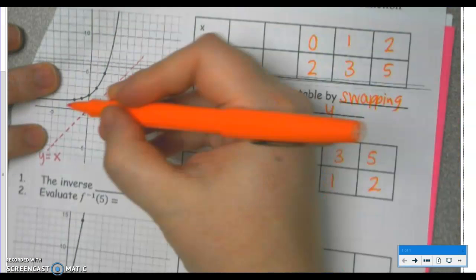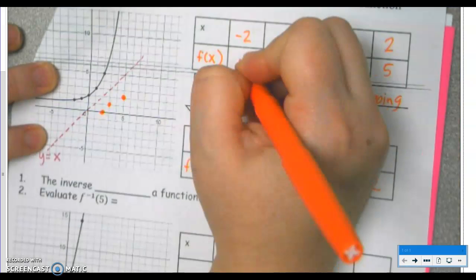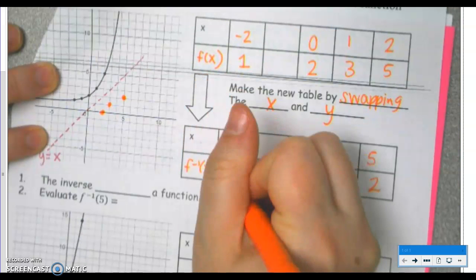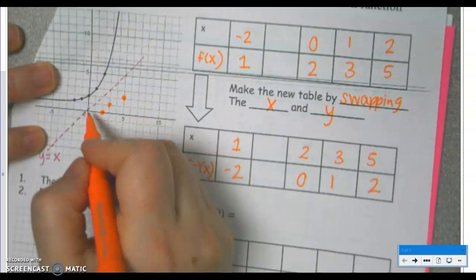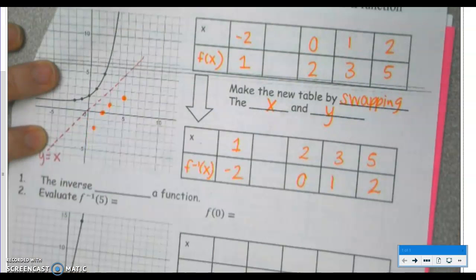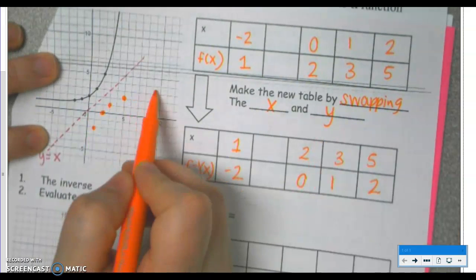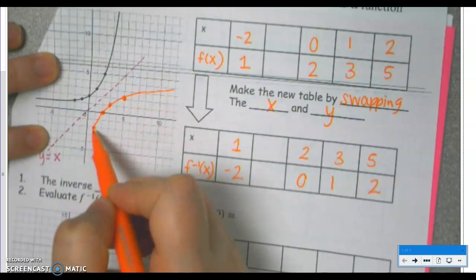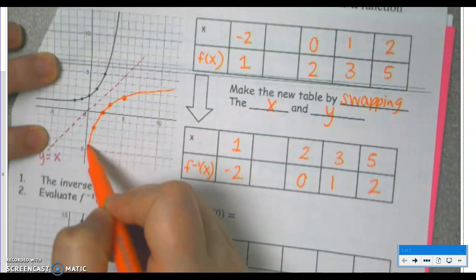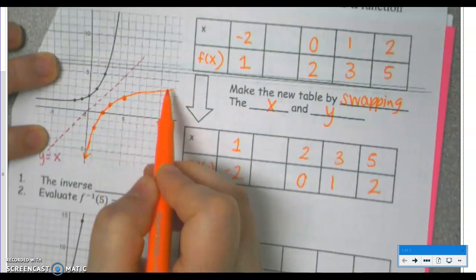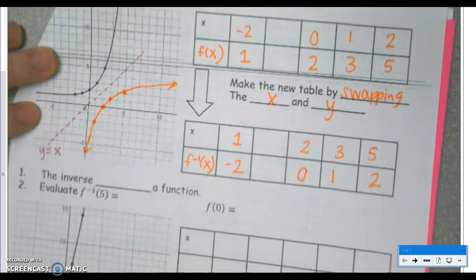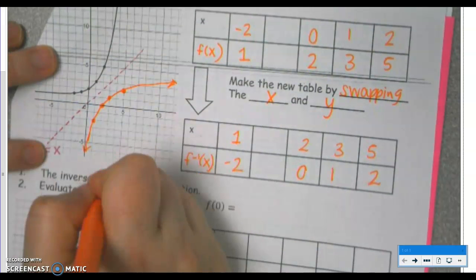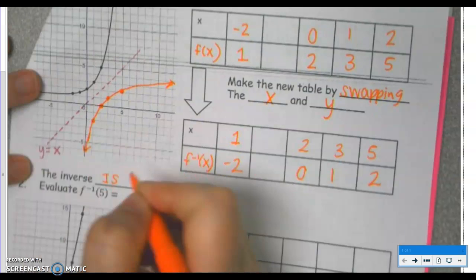It's not perfect, but, or -2, +1. So I'll flop those. So that would just kind of help me make it look a little bit better. So it's not going to be perfect, but that's okay. Pretty close, right? So the inverse is a function.